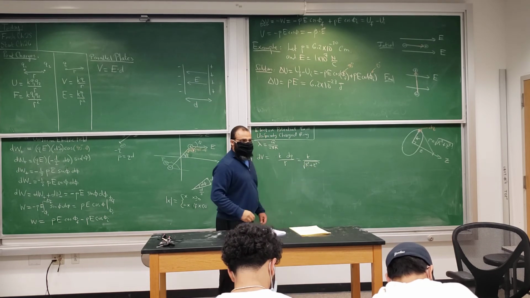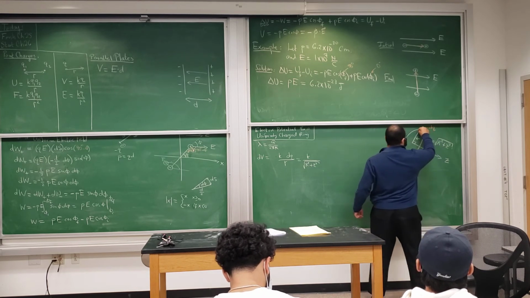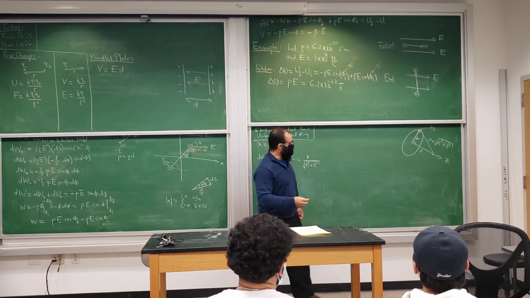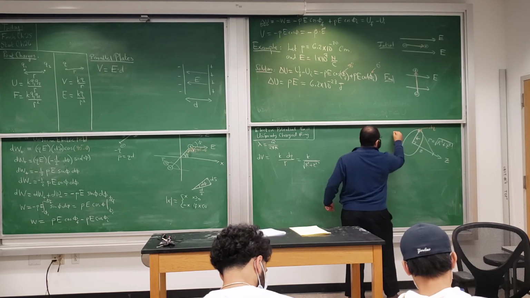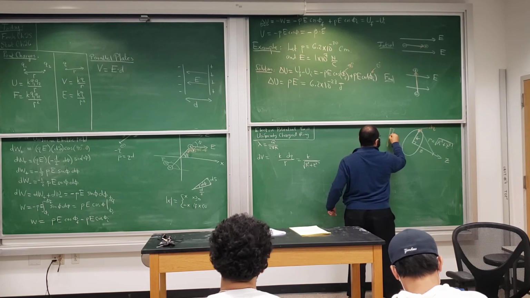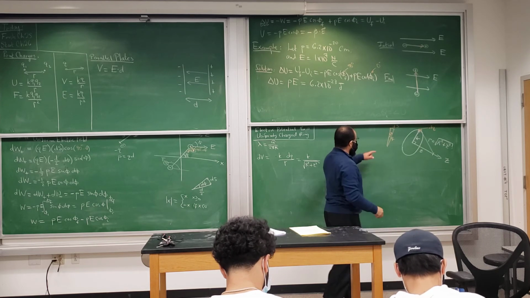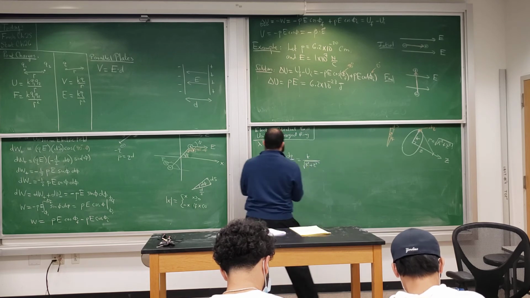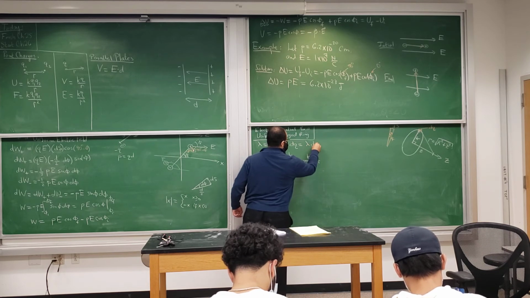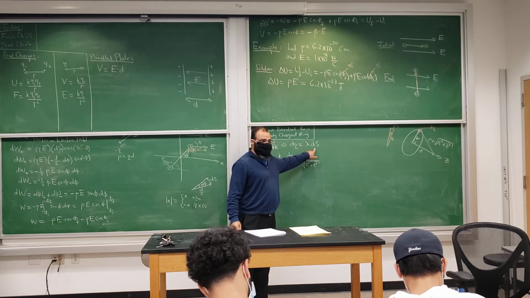Now dq. How much dq is within this arc length ds? Let's zoom into this. Here is dq, and this is d theta. This is R, and this is ds. So the length ds is R d theta. Let me write it this way: dq, a small amount of charge, is lambda times ds, the charge per unit of length times the length that you have, which is ds.